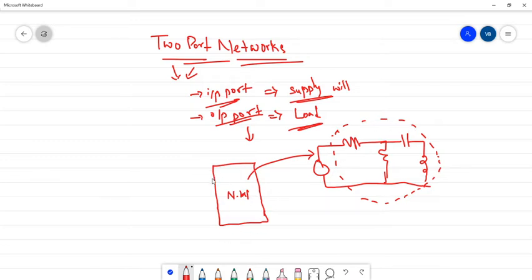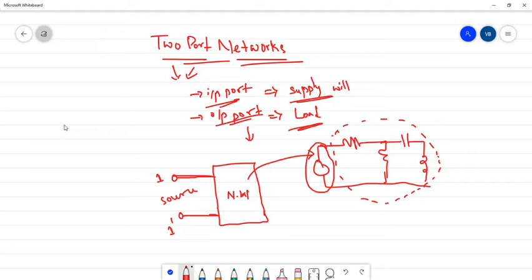This has an input side, which has one pair of ports. This pair of ports is connected to the source. Here this is connected to the voltage source, right? These ports are named as 1 bar.